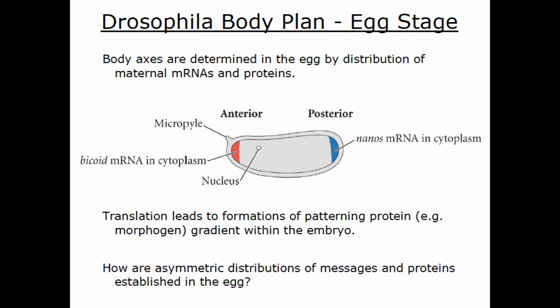In my last class, I mentioned how the components that define the anterior posterior axis are laid into the developing oocyte, Bicoid on the anterior side and Nanos on the posterior side.